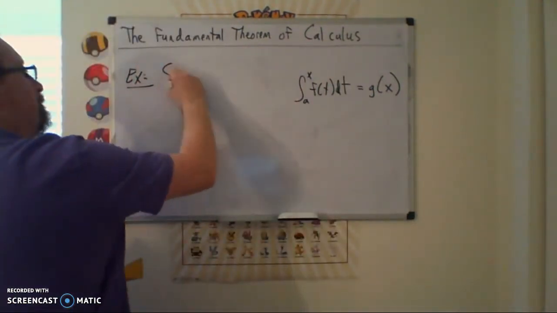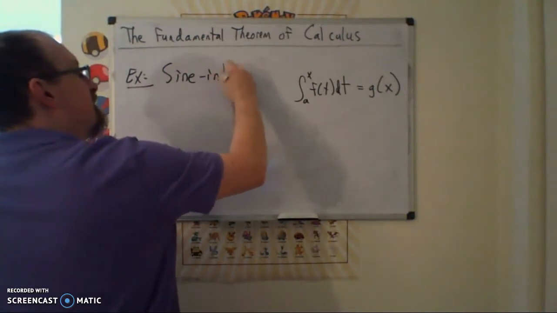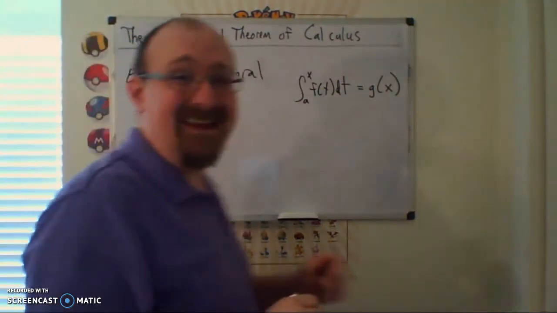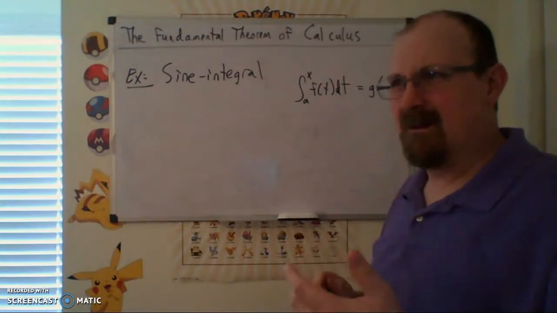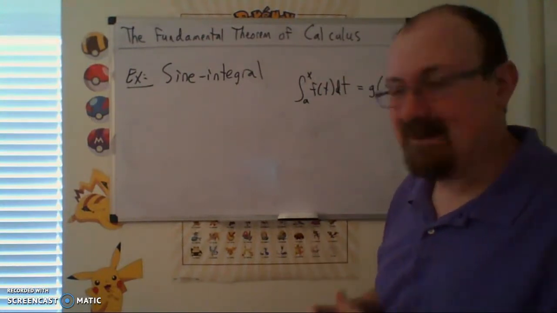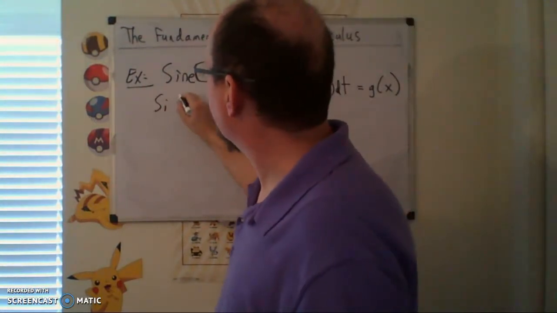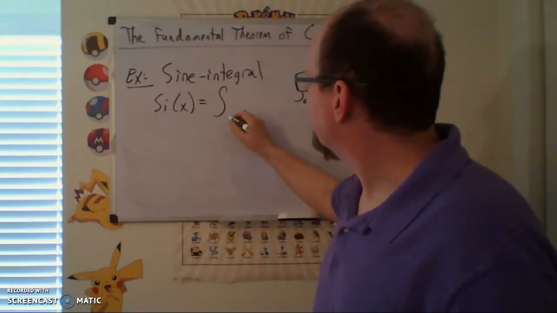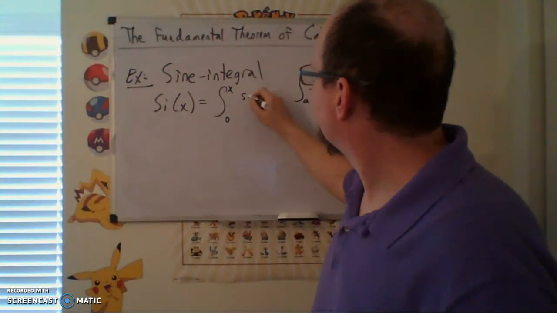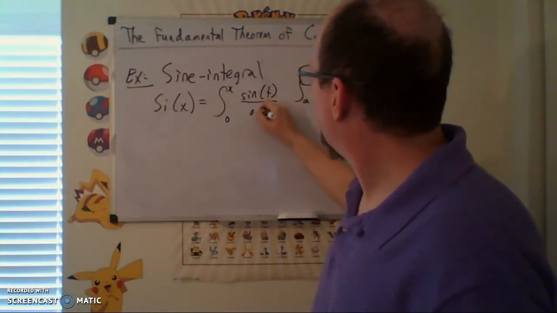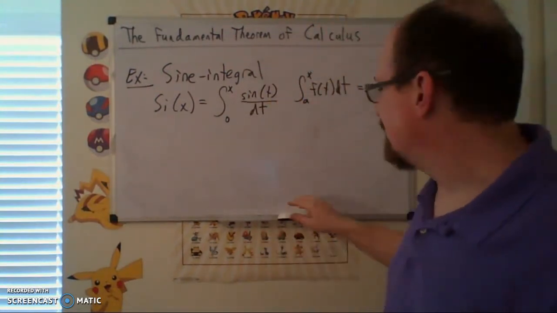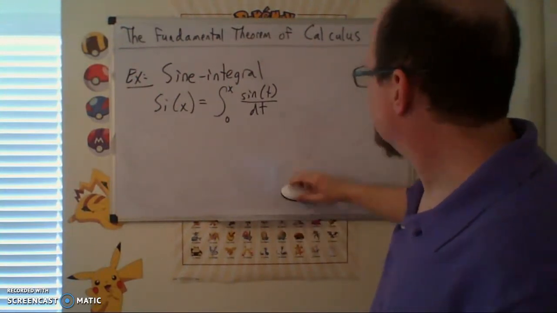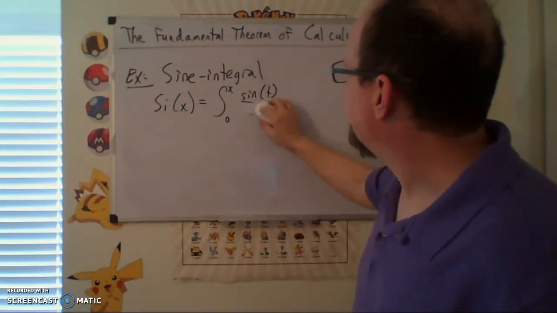So physicists sometimes need something called the sine integral function that comes up in, I think, some applications involving optics. So it looks kind of like this. So we have SI of x, and it looks like the following. So it's not just a sine function, it's actually, that should not be sine of t over dt.